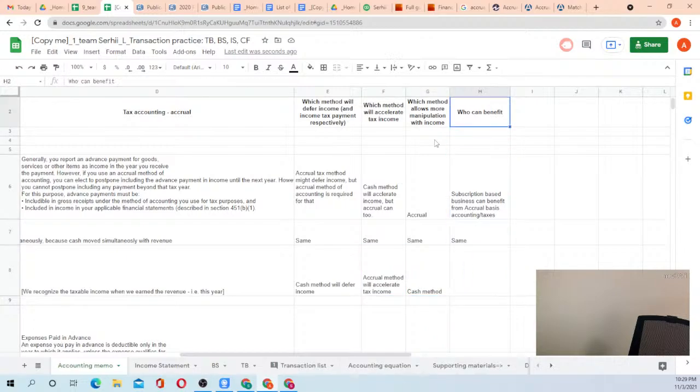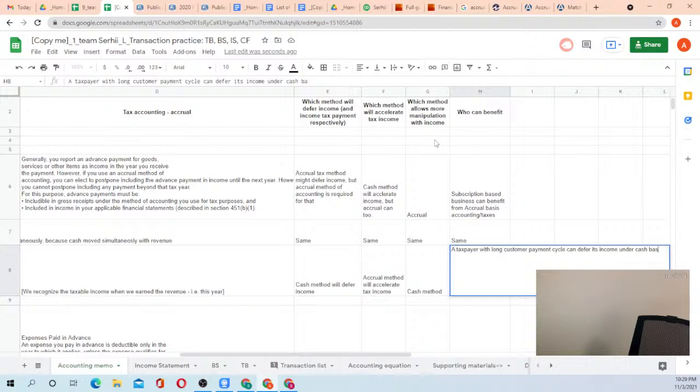And now we have the question, who can benefit? A taxpayer with a long customer payment cycle can defer its income under cash basis.